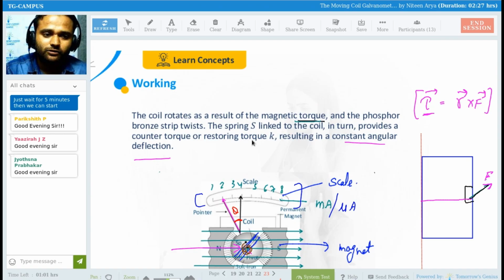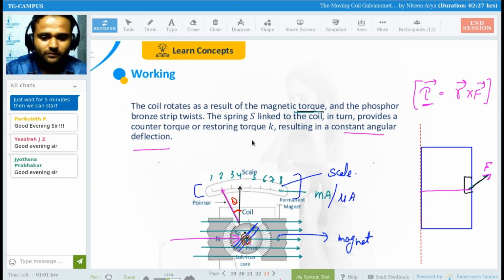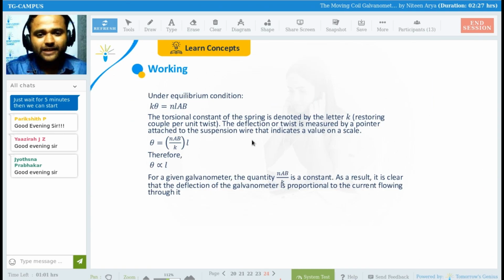Working is what we are talking about. Good. As we know, under the equilibrium condition, what is the meaning of saying that?